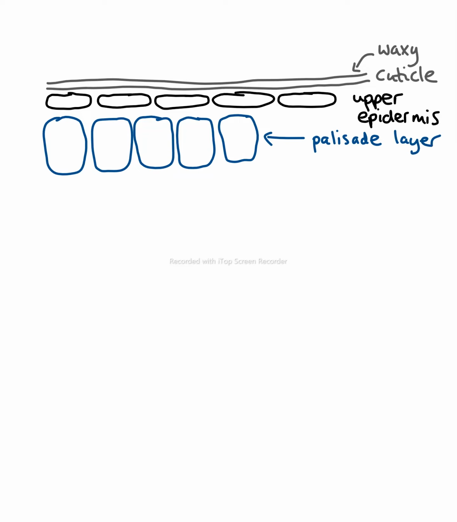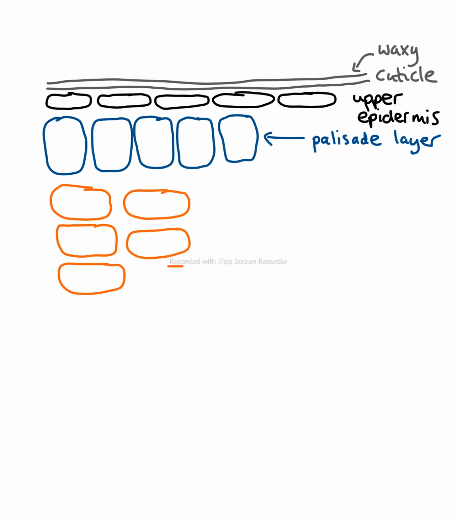Then you have another layer which is a spongy mesophyll layer. So you'll have something like this. This is called the spongy mesophyll layer, or the spongy layer.